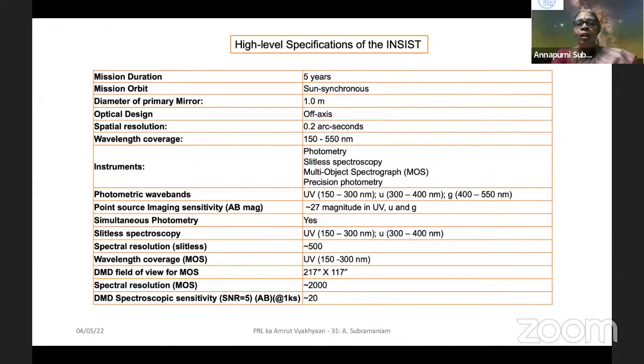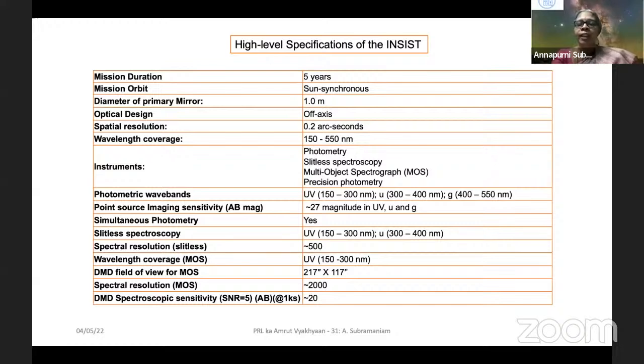If you go beyond 1 meter, of course the cost increases, but also the whole size increases. So the mass and the volume of the payload increases. So you have to look at what kind of launch vehicle you're looking at, and also facilities for integrating the whole components, testing and integrating the entire system.